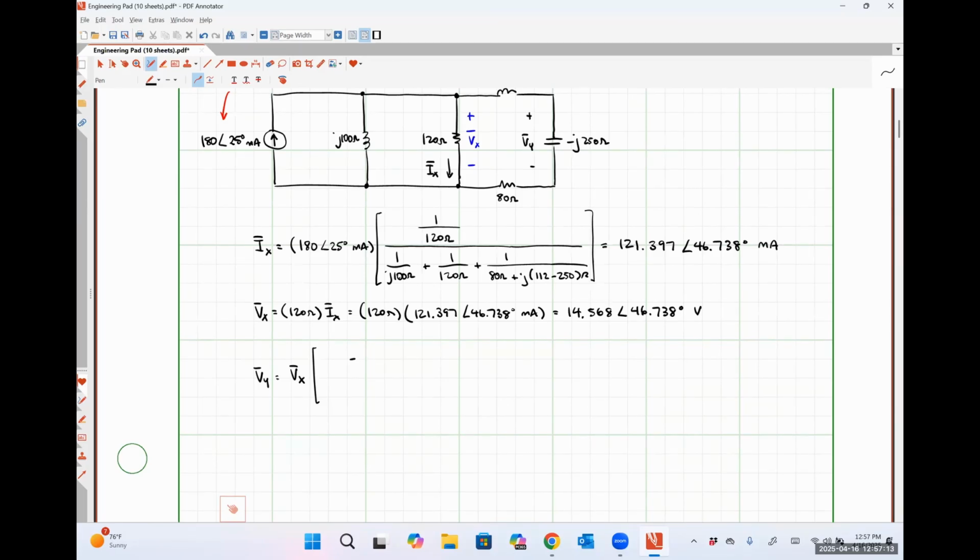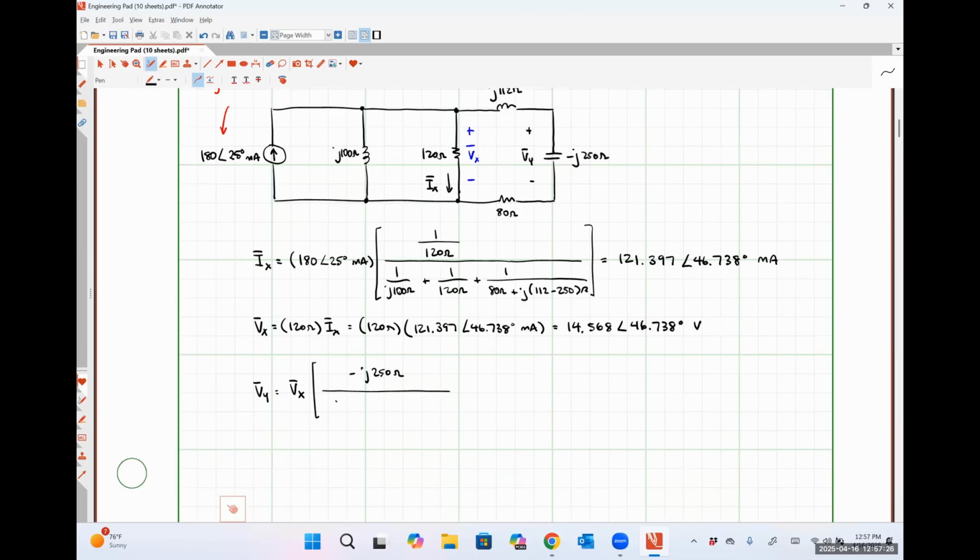So that's going to be minus j250 ohms. And then I'll put the total series impedance in my denominator. So in this case, that is going to be 80 ohms plus j112 minus 250 again, like so.